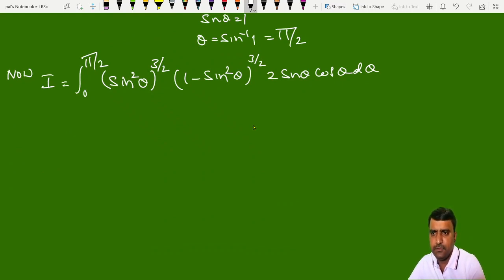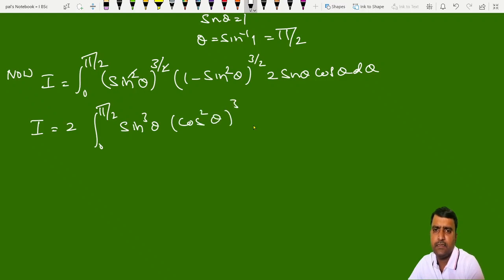That is, I is equal to, taking this 2 outside from that integration, 2 into the integration from 0 to pi by 2 of sin cube theta into (1 minus sin square theta, which is cos square theta) to the power 3 by 2, into sin theta into cos theta into d theta. Cos square theta to the power 3 by 2 is cos cube theta.